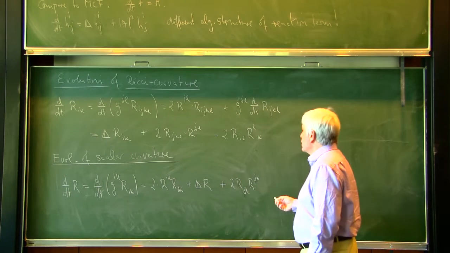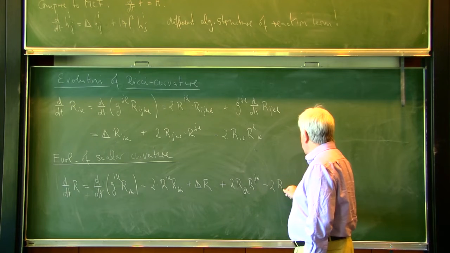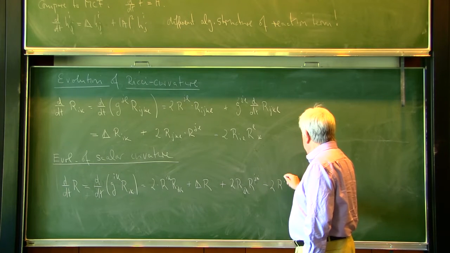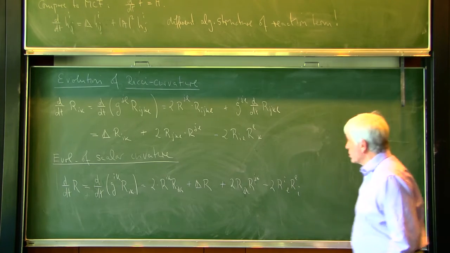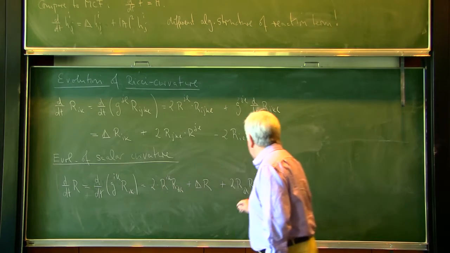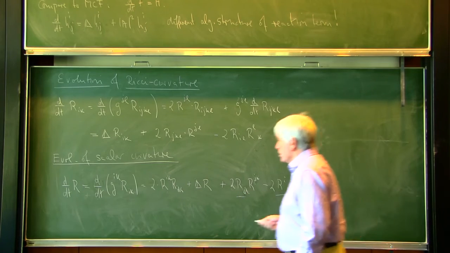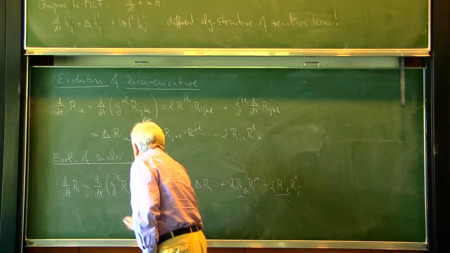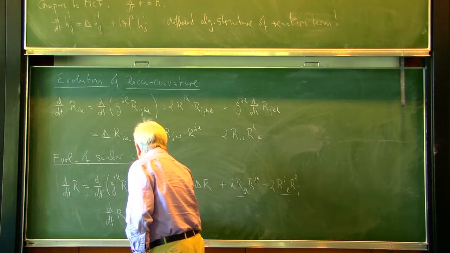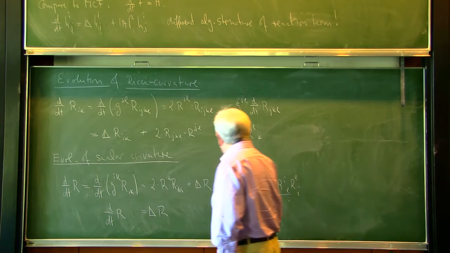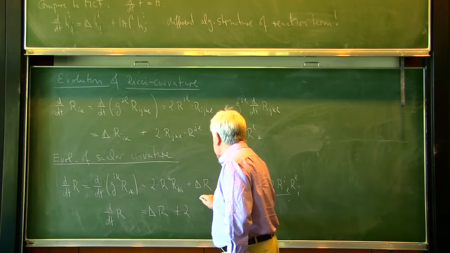And then here, taking the trace of this is minus 2 Ril Rli. And of course, these terms here and here are all the same, so 2 of them cancel. So we end up with d/dt of the scalar curvature is equal to the Laplacian of the scalar curvature plus 2 times the Ricci tensor squared.